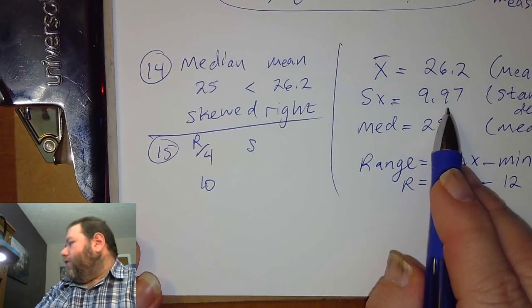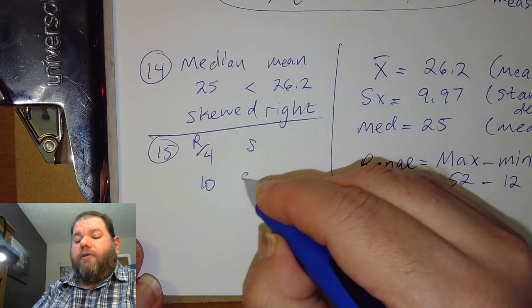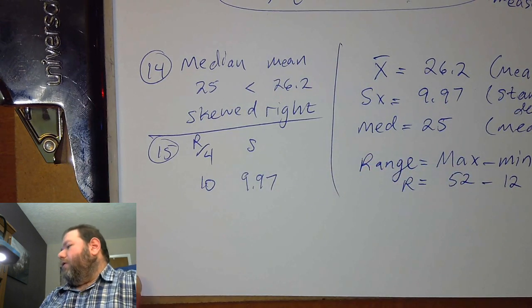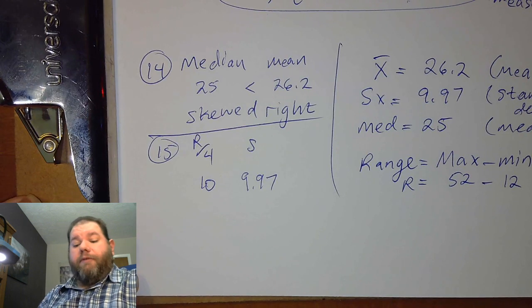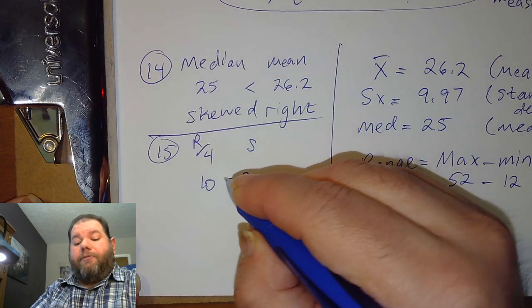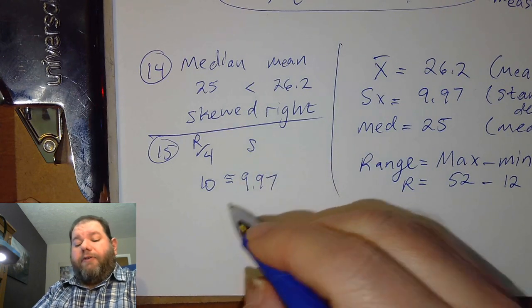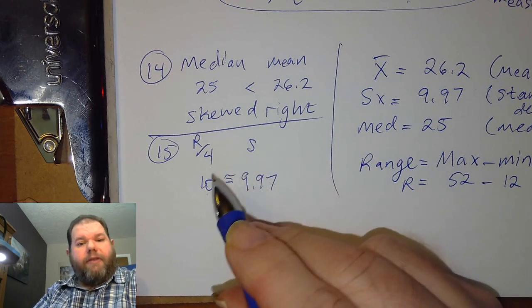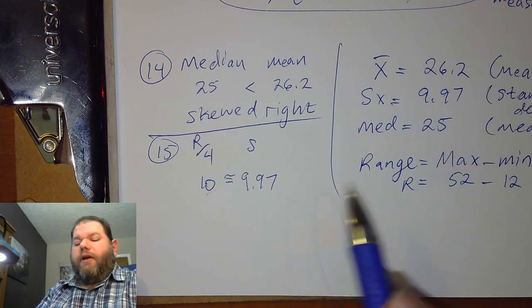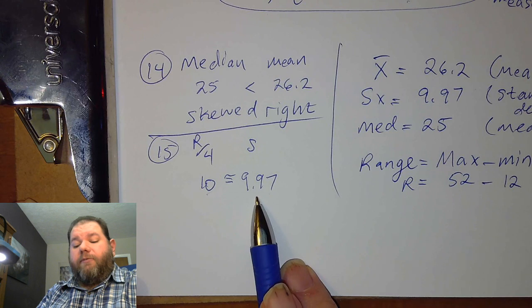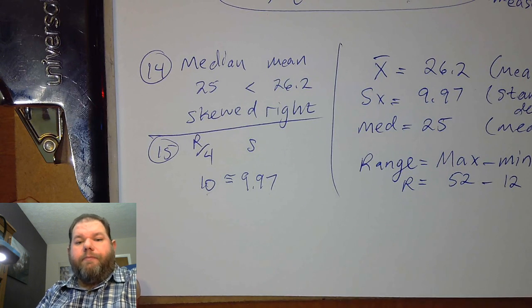And our standard deviation was 9.97. And so here, I believe the comparison is it's approximately equal. Okay. I would say that these are absolutely close enough to say they're about the same number. In fact, if we rounded the standard deviation to one decimal place, it would be 10.0. Okay.